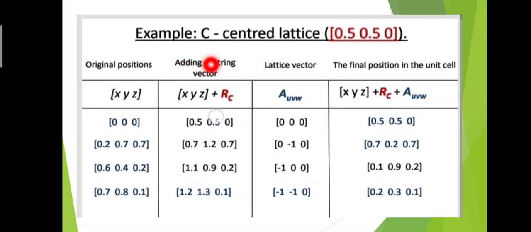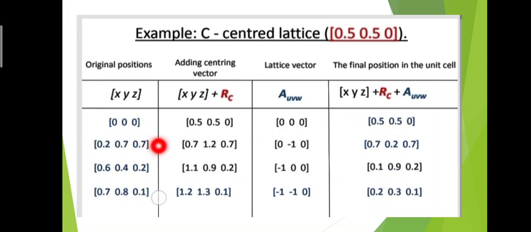Original position, adding centering vector, lattice vector, the final position in the unit cell. Original position xyz 0, 0, 0, xyz plus centering vector 0.5, 0.5, 0, and uvw 0, 0, 0, and xyz plus centering vector plus uvw 0.5, 0.5, 0.